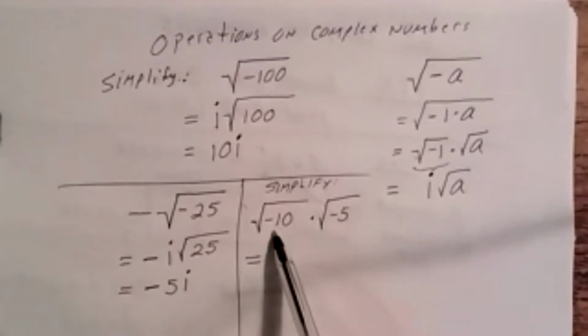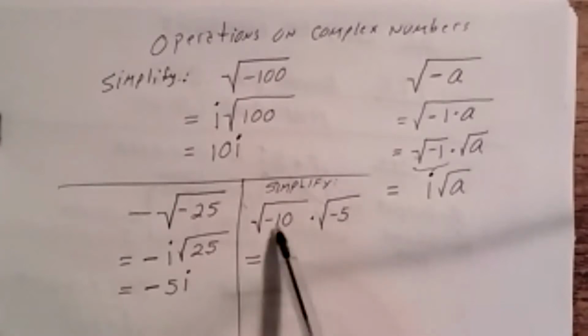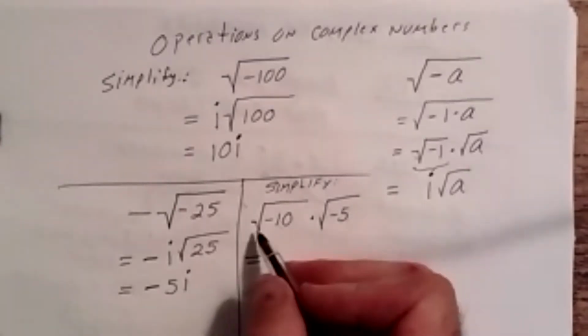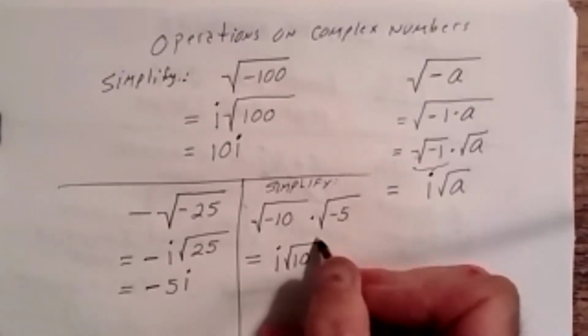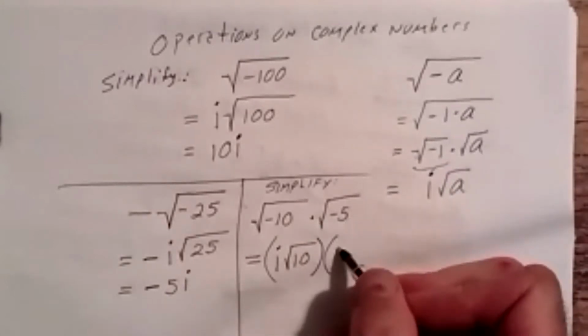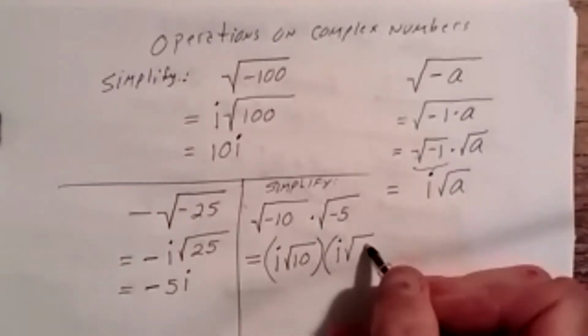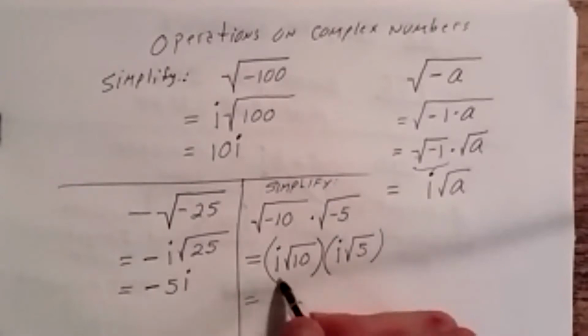So what you need to do first, before we actually multiply the radicands together, is extract i out from underneath both these square roots. So the square root of -10 is just i times the square root of +10. Similarly, the square root of -5 brings out i times the square root of +5. So you've got to bring out i first. Now, what's i times i?